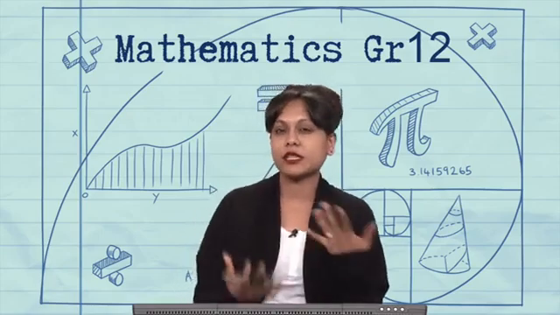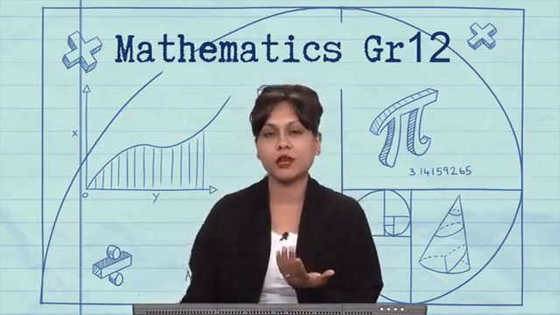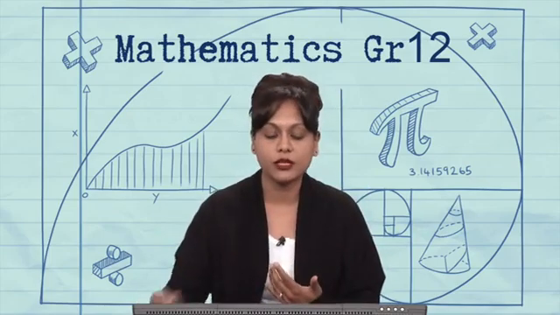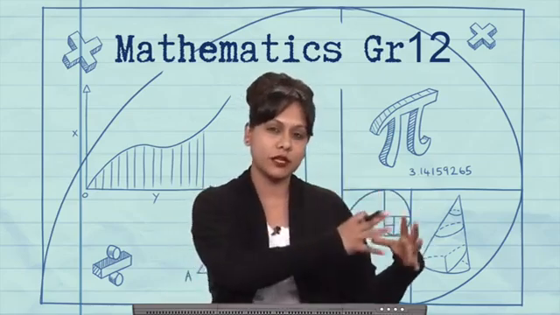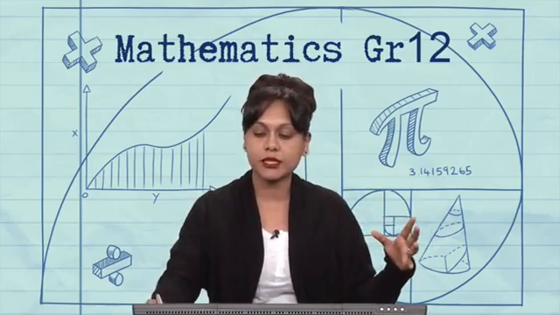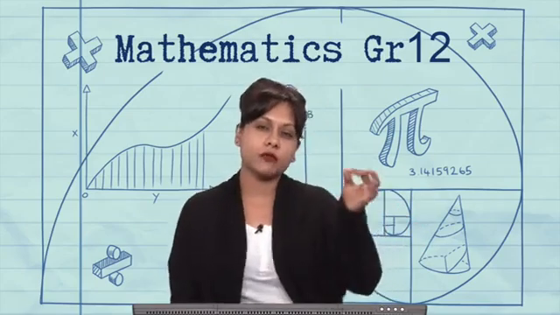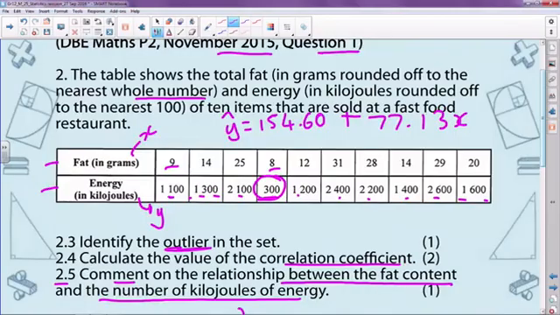Now, say that some of you didn't remember that you could go through this process and work out the regression on your calculator. To work out your correlation coefficient, you could have decided, okay, they've given me the gradient of the line. They gave it to you. B was equal to 77,13. You could then work out the standard deviation of the fat in grams, and the standard deviation of energy in kilojoules.